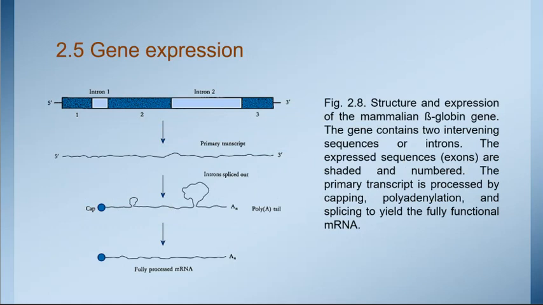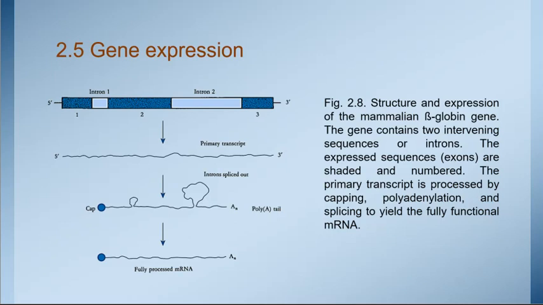The presence of introns obviously has important implications for the expression of genetic information in eukaryotes, in that the introns must be removed before the mRNA can be translated. This is carried out in the nucleus, where the introns are spliced out of the primary transcript.